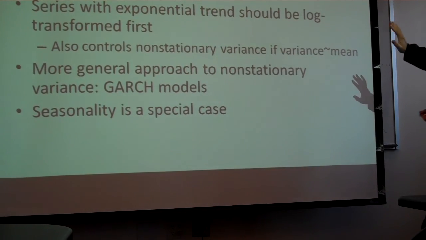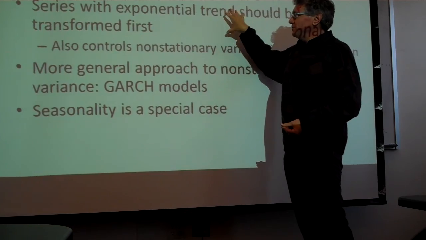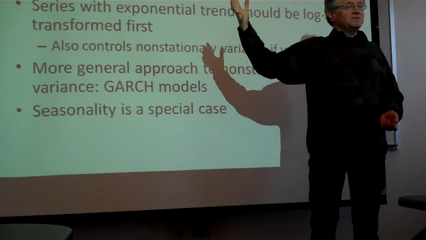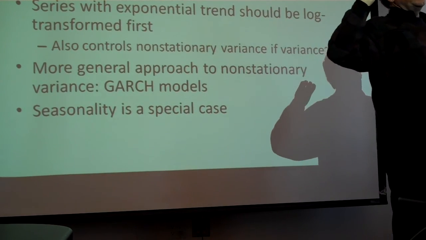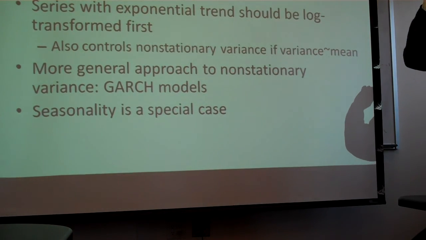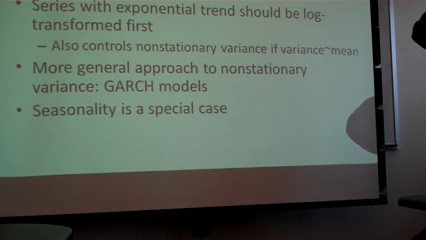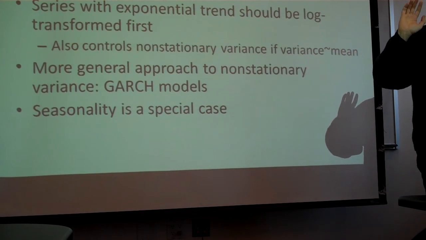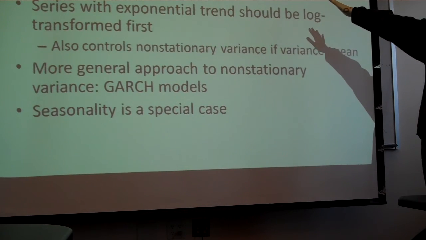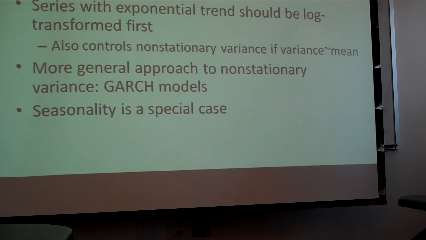So in that case, you'll be running the full analysis with however many differences on the transformed data set. If you're doing some analysis of GDP, which tends to have an exponential trend, your ARIMA model will actually be making predictions about log GDP.